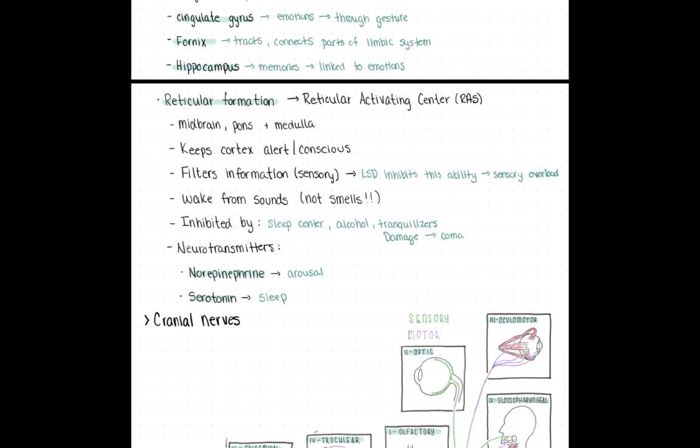CSF should be drained into the superior sagittal sinus, and it should be made at a constant rate. If there's not a balance between those two, you'll have an increase in pressure in the brain, which can damage the brain and hinder brain function.